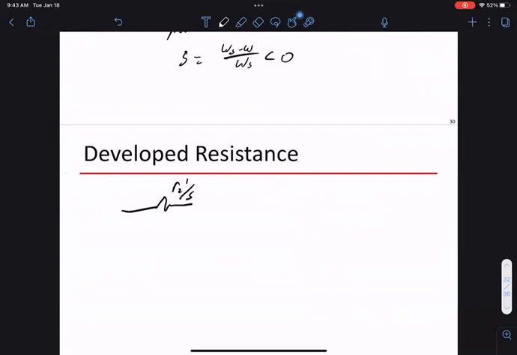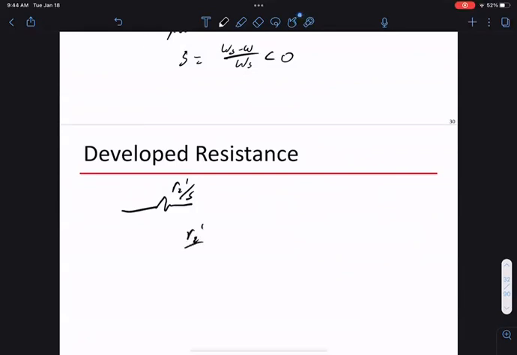There are two parts in R2 prime over S. There's R2 prime, which is the physical resistance you have in the wire, and there's this 1 over S idea, which is the fact that you have a slip in the circuit.